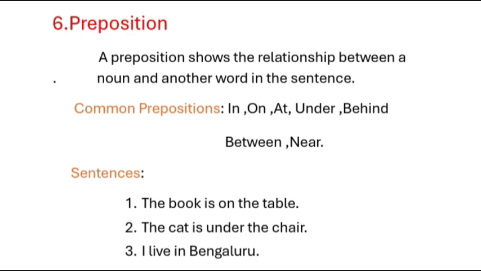Common prepositions: in, on, at, under, behind, between, near. Sentences: The book is on the table. The cat is under the chair. I live in Bengaluru. On, under, and in are the prepositions.